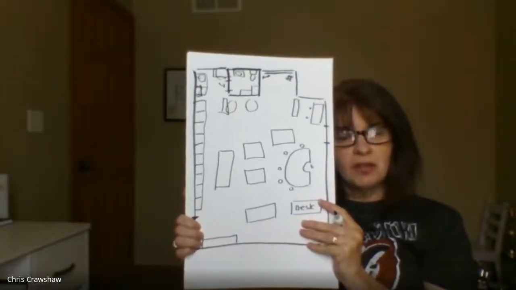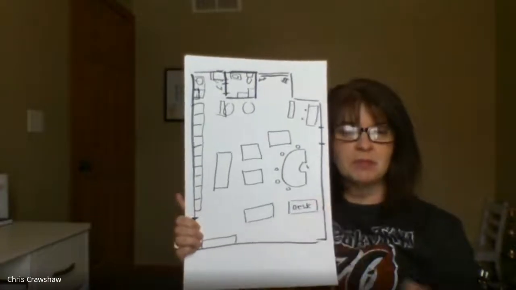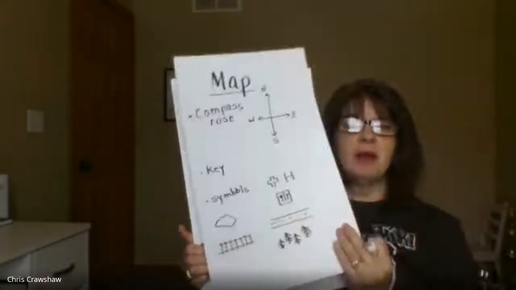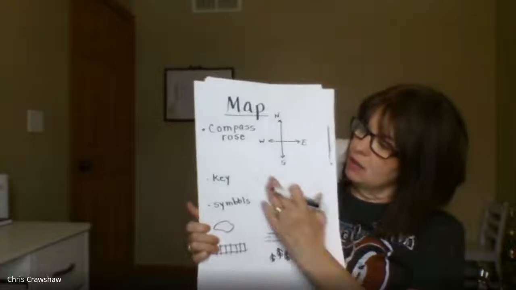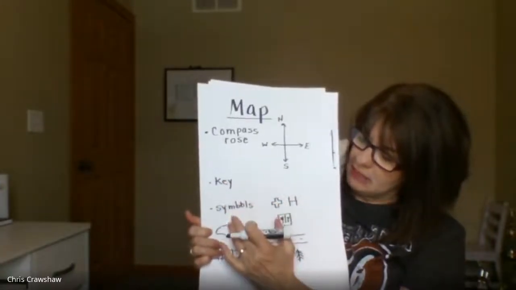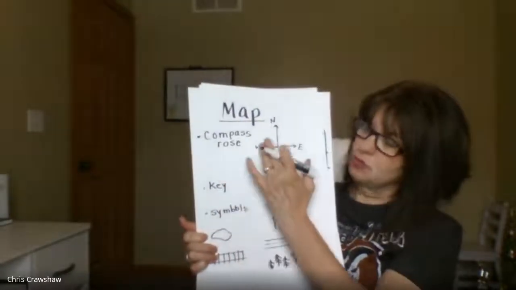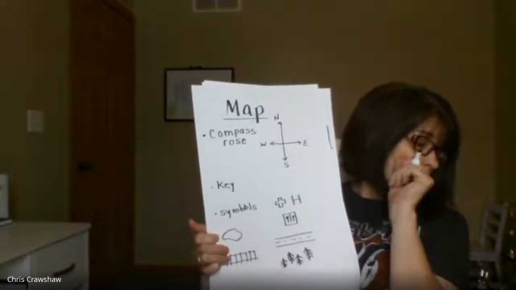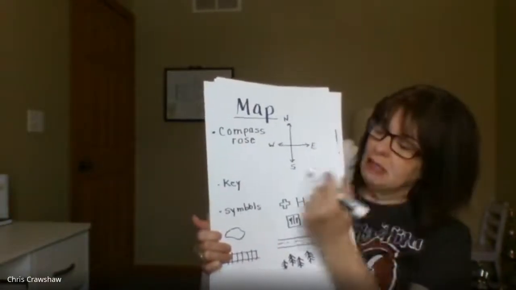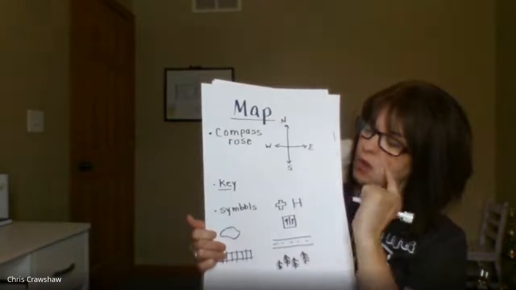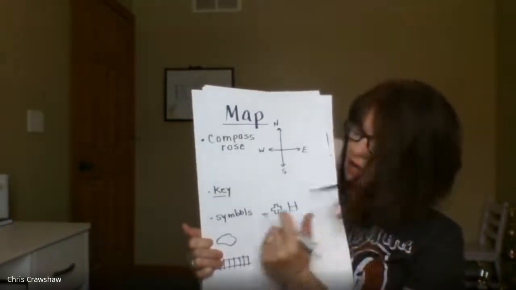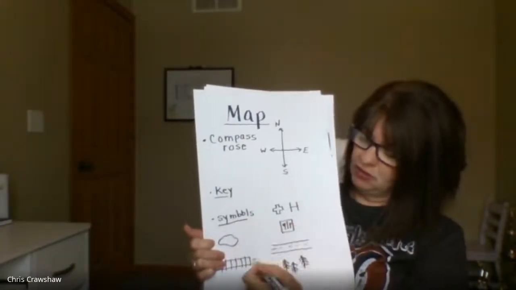So as we're talking about things and maps, we can talk about the parts of a map. Compass rose, key, symbols. Compass rose shows north, south, east, and west. A key shows how far things are. And the symbols would be all of these different things.